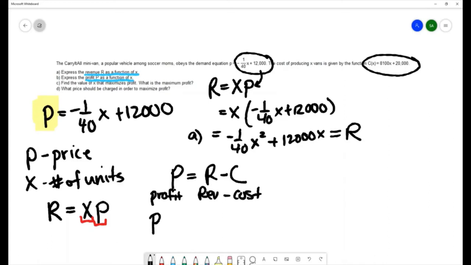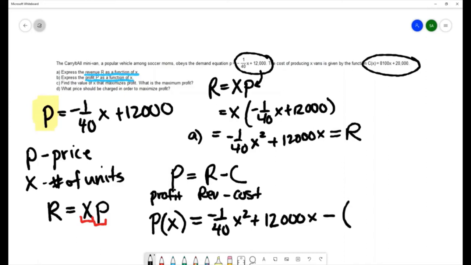So our profit function P of x is revenue, negative 1/40th x squared plus 12,000x, minus, and I need parentheses around this cost function so I make sure I subtract it all. That's minus 8,100x plus 20,000.